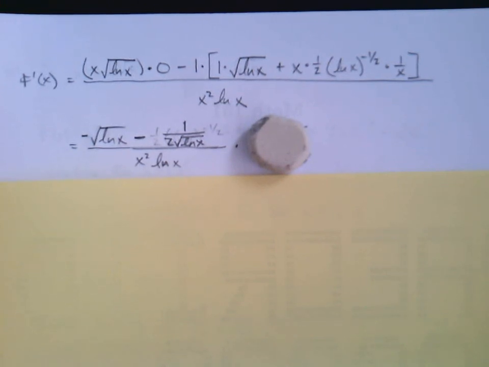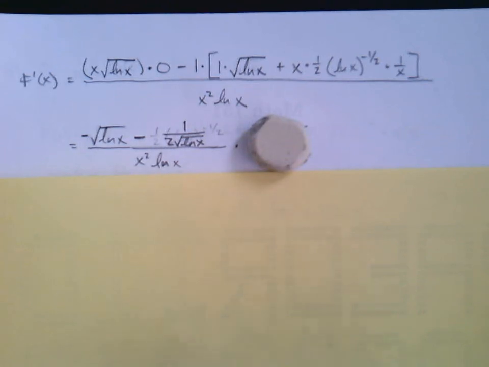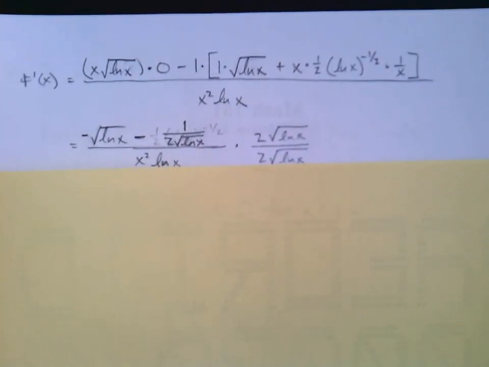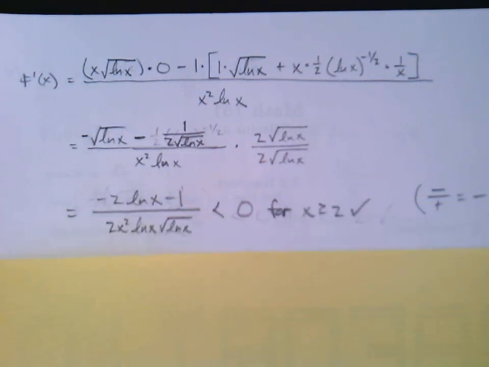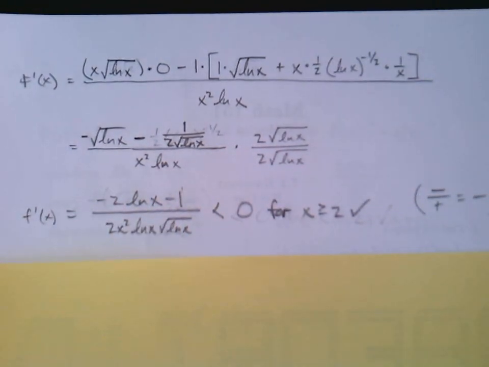And then we could probably stop right here for our purposes, but I went a step further, and I multiplied the top and the bottom by that denominator to really get it as simplified as possible. And it really cleans up nicely too. And the point is, I got this in the end for my derivative. Okay.